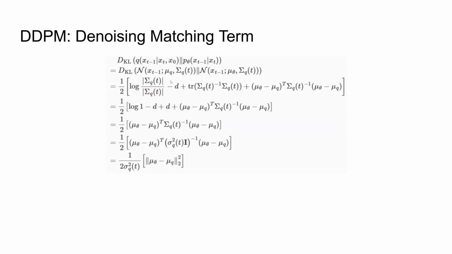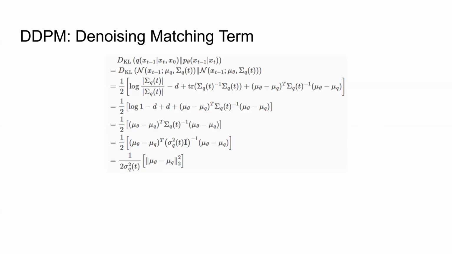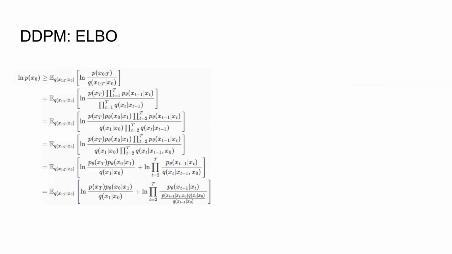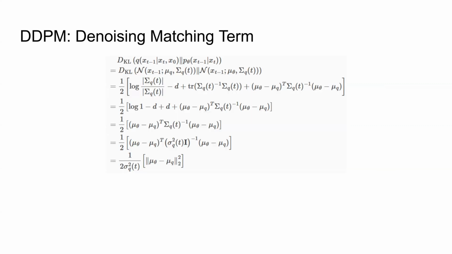But after these lines of reasoning, you can arrive at this term, which is some constant times the L2 distance between the actual mean we derived here and the mean that comes out of our model. So this entire thing boils down to a sum of some constant times the L2 distance between the output of our model and the mean we derived.